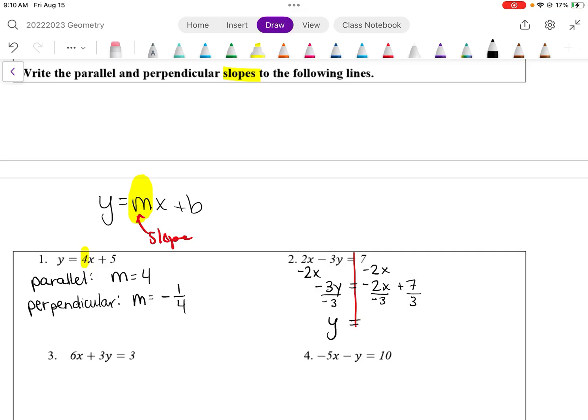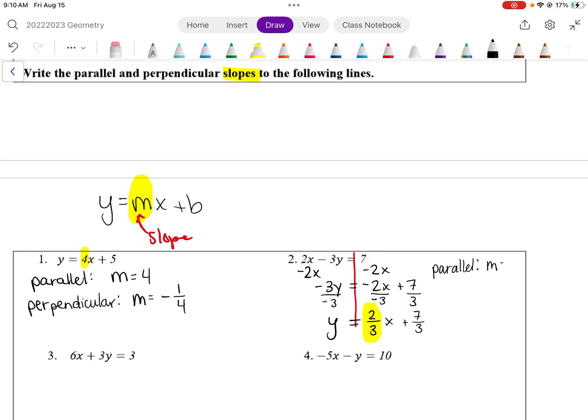And then I'm going to divide everything by negative 3. So y equals, a negative over a negative always equals a positive. So I have 2/3 x plus, and I'm just going to leave this as 7/3. So remember, we're just stating the slope. What slope would be parallel to this line and what slope would be perpendicular to this line?